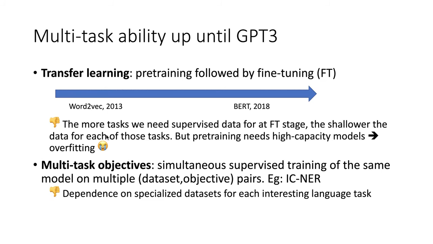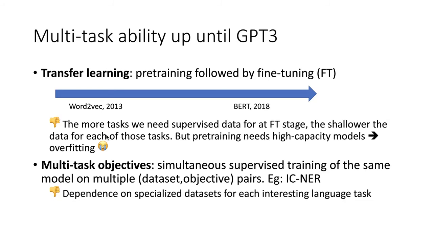So again, the goal here was multitask ability, and traditionally, up until GPT-3, we typically approached the multitask ability problem in two ways, combined. The first is transfer learning, and the second is multitask objectives. Combining these two is usually how people have approached getting to multitask ability. With transfer learning, the idea is to pre-train, usually on a self-supervised task with tons of data.